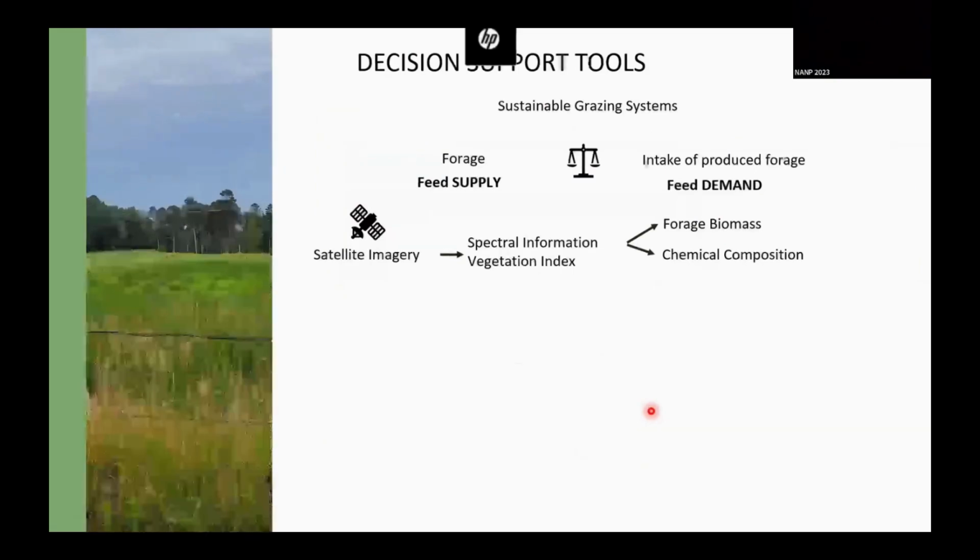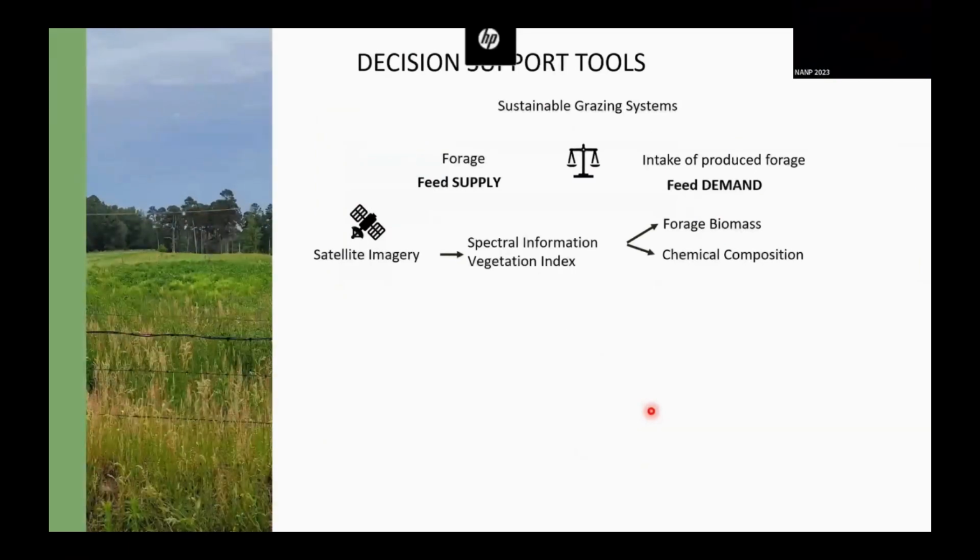So we have a next step. With the satellite imagery, I hope by now I could prove to you that you can use the satellite image to predict forage biomass or chemical composition.